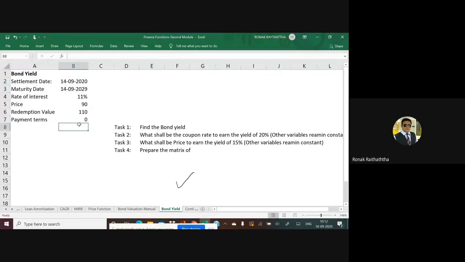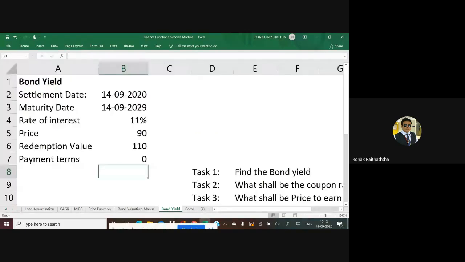Okay, let me start the explanation of this. Settlement date is the date on which the bond is issued to you and you have invested in this bond. On that date, the settlement occurred. So that means you had invested in that bond on 14th of November 2020. And the maturity will be 14th of September 2029. It's not November, it's September, sorry for that.